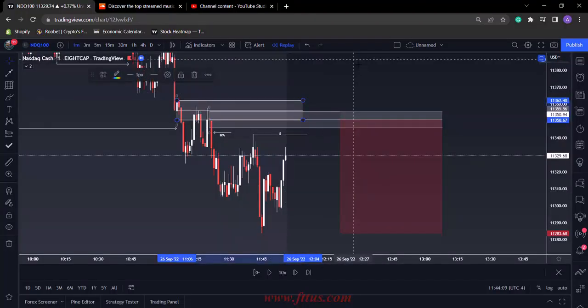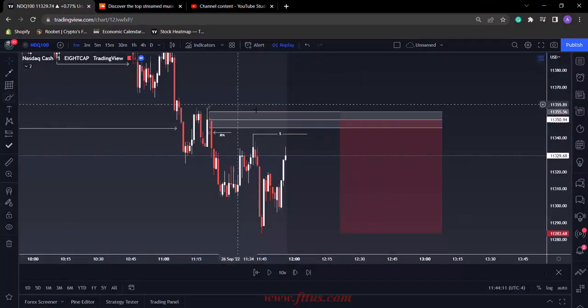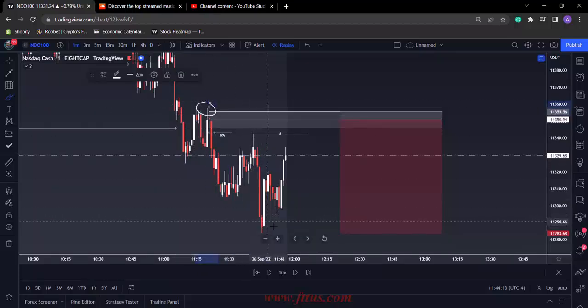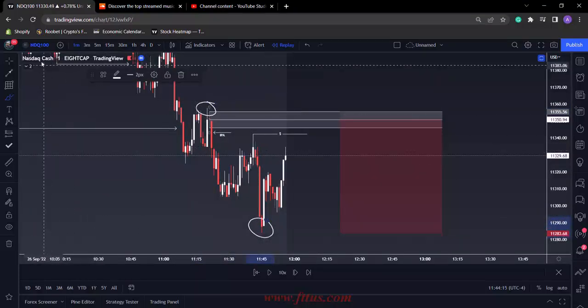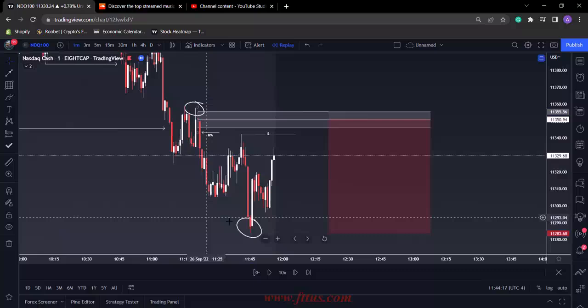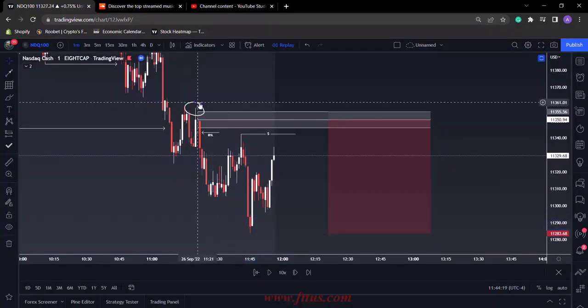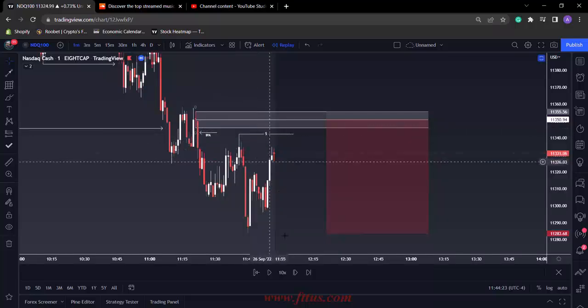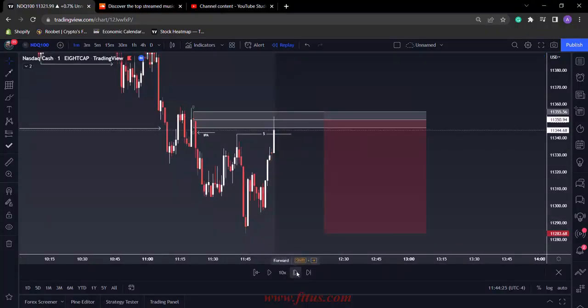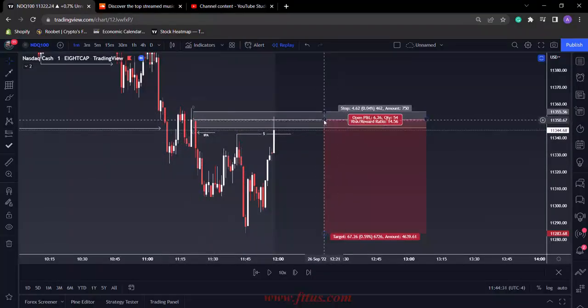We mitigated off that supply, forming a new high and a new low, right? So we waited for price to come up to take out all of these sellers right here, because I knew damn well so many people were selling in this area, but the real sell was up here.